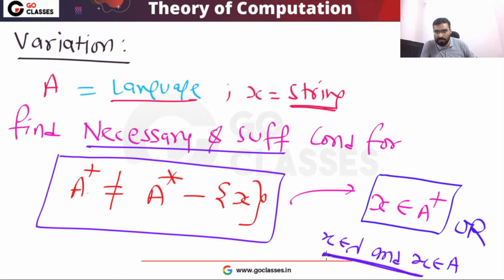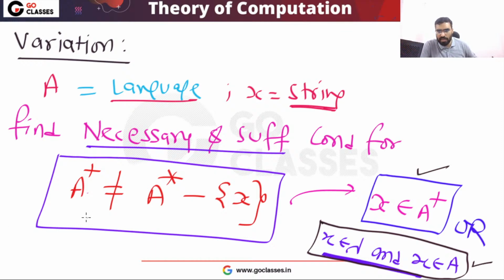Either this will happen or this will happen. Is this clear to everyone? Either X belongs to A plus, or X is lambda and X belongs to A. Is this clear?